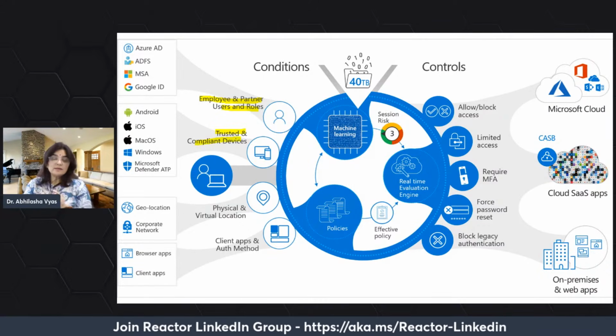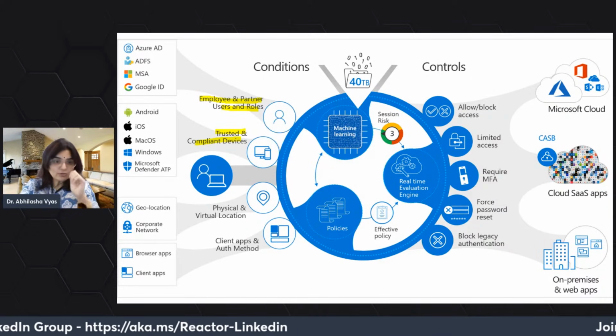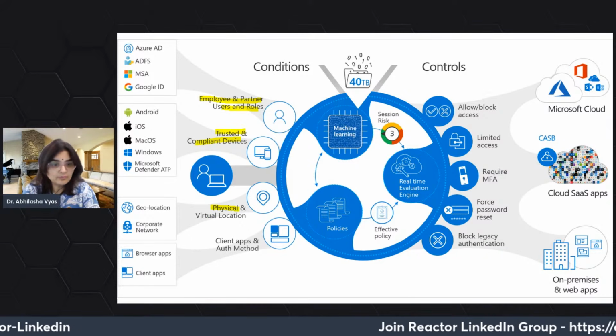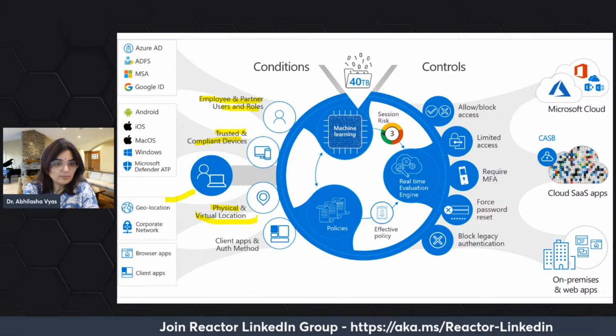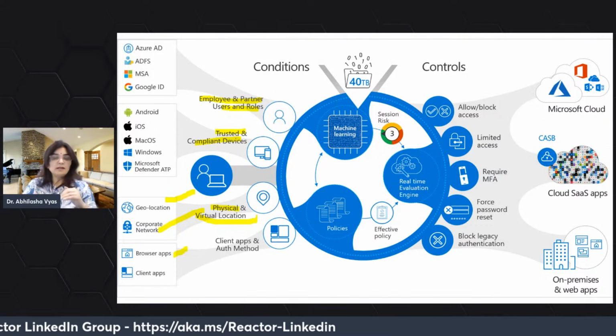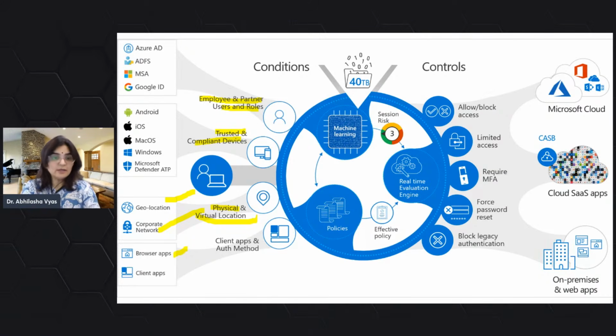We also have signals coming from non-managed devices, non-compliant devices. We also have physical and virtual location. We can work on geolocation. We have a corporate network, browser applications, the client application from which the request is initiated, cloud apps and authentication methods.